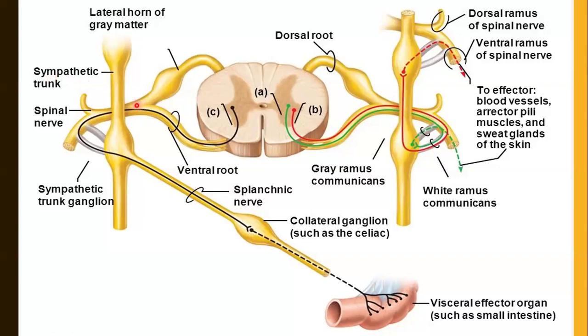Remember, this single spinal nerve is now a mixed nerve having both motor and sensory function. And so when it's dividing into two, the dorsal ramus will have both motor and sensory components, just like the ventral ramus will also have both motor and sensory components.